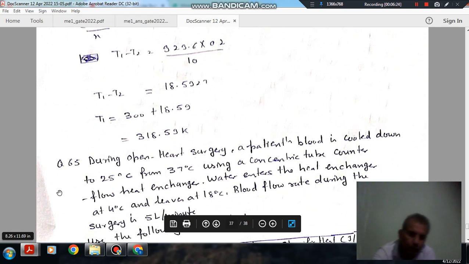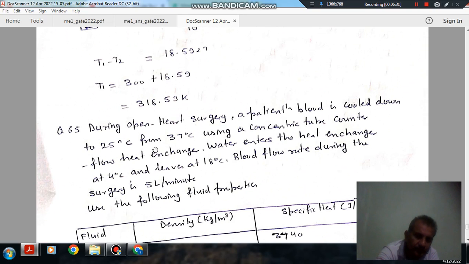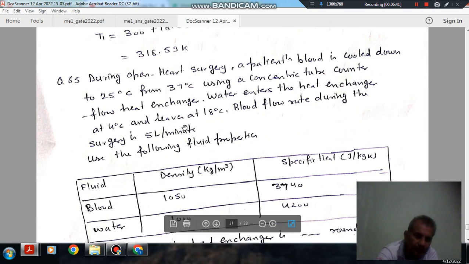Next, during open heart surgery, a patient's blood is cooled down to 25 degrees Celsius from 37 degrees Celsius using a concentric tube counterflow heat exchanger. Water enters the heat exchanger at 4 degrees Celsius and leaves at 18 degrees Celsius.